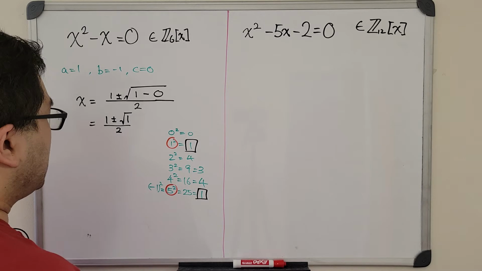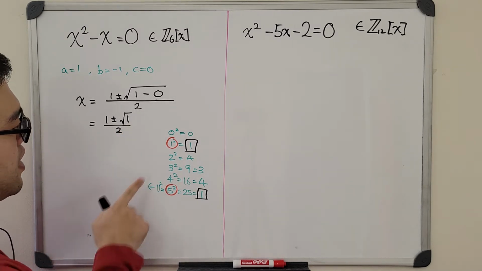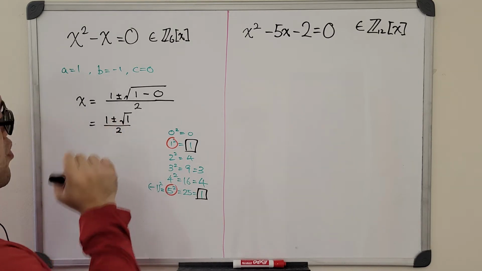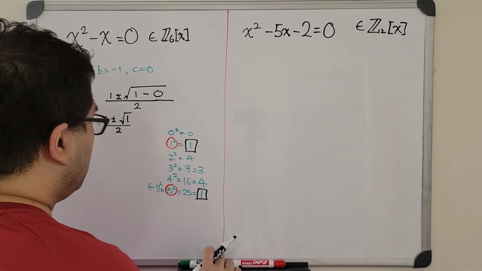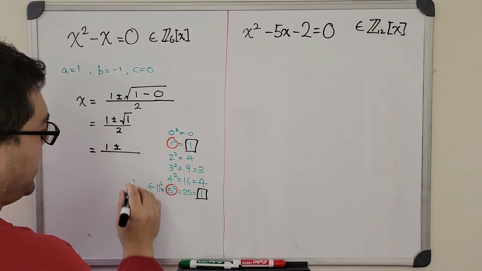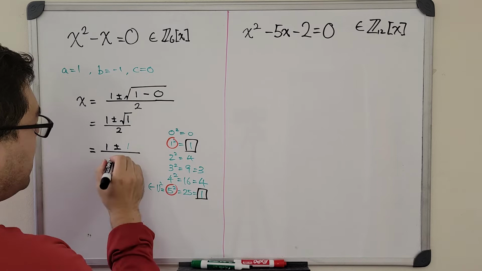So in fact, it doesn't really matter which one we choose, because in this case at least, 1 or -1 will actually give us both, plus or minus 1. So let's put it in. We have 1 plus or minus, so again, it doesn't matter. We just put a 1 here, divide by 2.